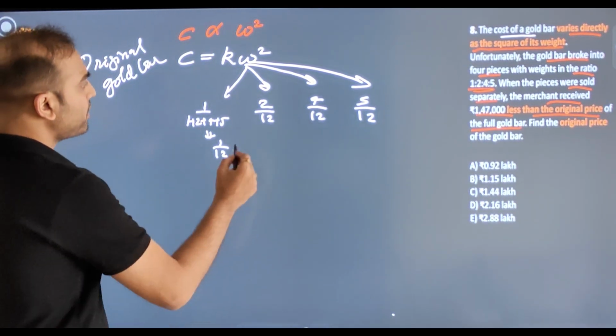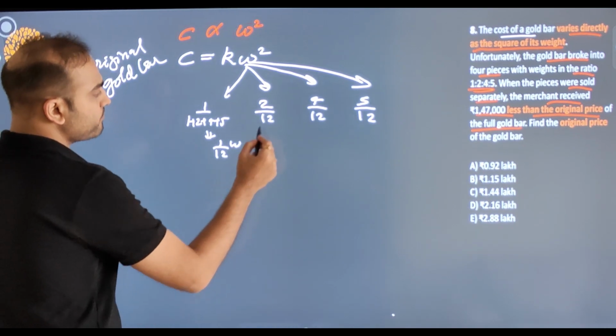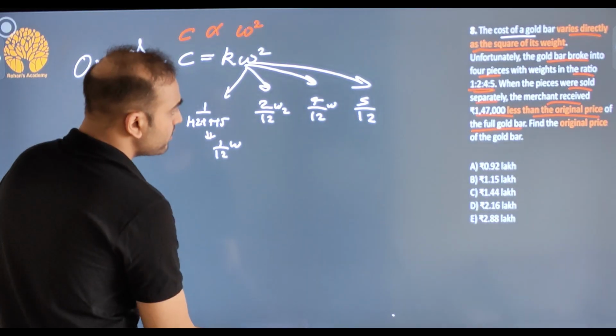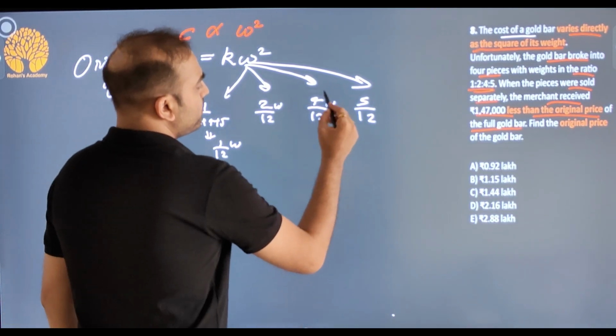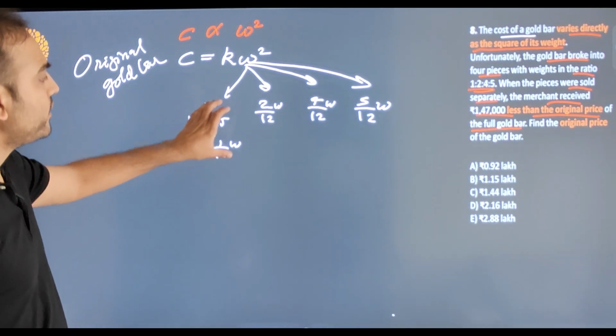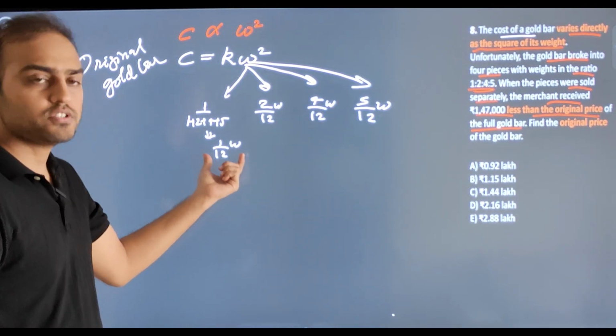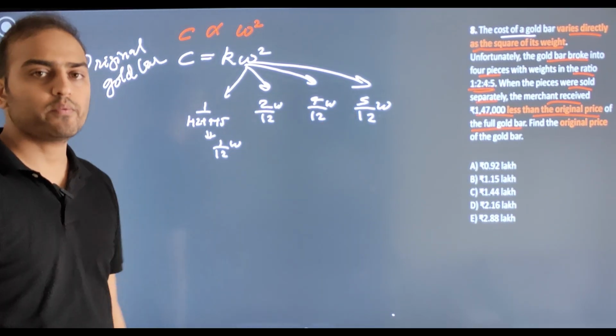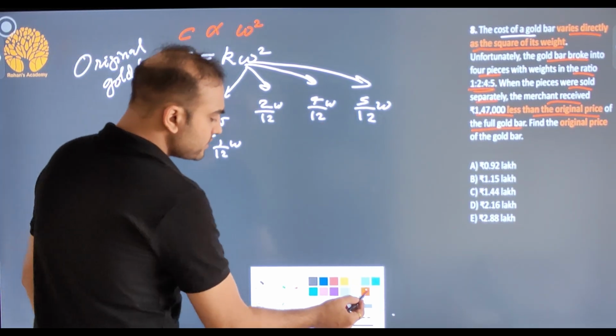But 1 by 12 what? 1 by 12 W. This is bar 1, bar 2, bar 3, sorry, my bad, bar 3 and bar 4. So the gold bar has been broken into 4 pieces. The weight of the first bar is 1W by 12, 2W by 12, 4W by 12 and 5W by 12. So what will be the cost of these?